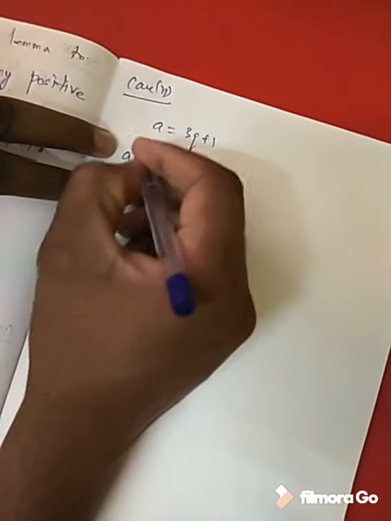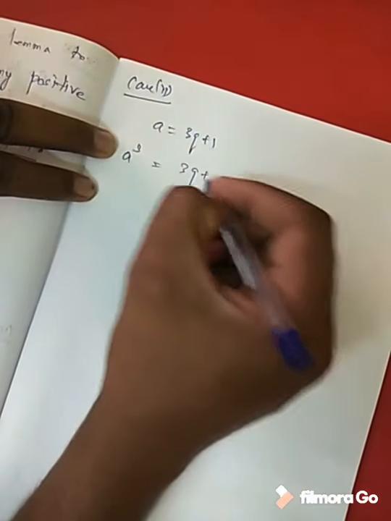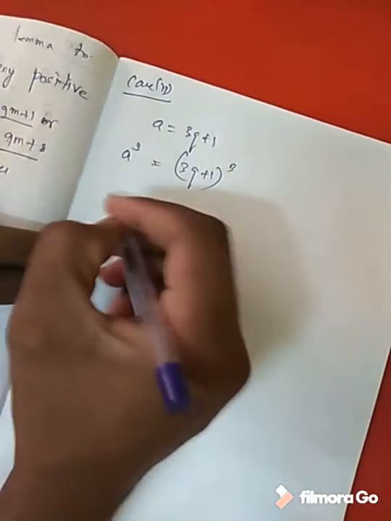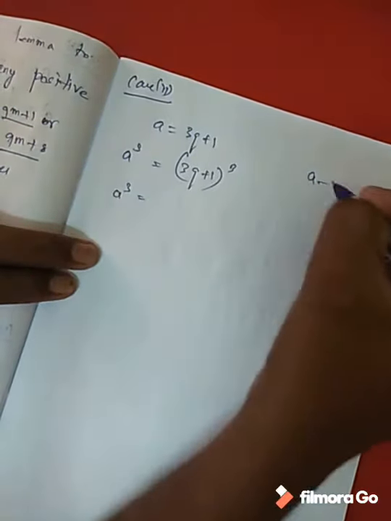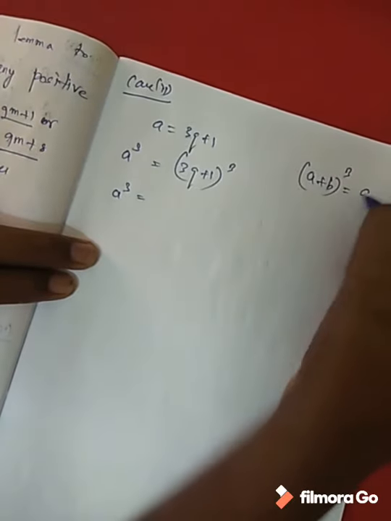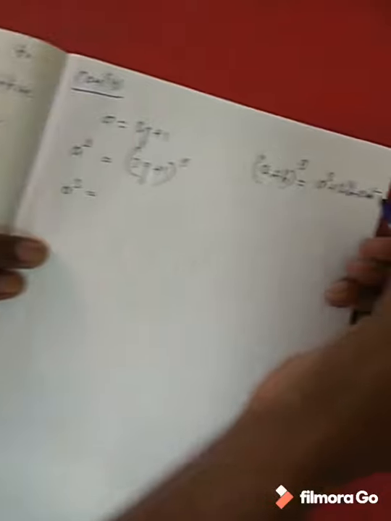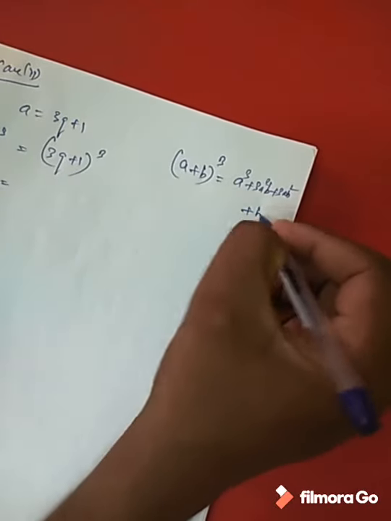Case 2: it is given a is equal to 3q plus 1. Again, applying cubing on both sides, so on both sides we are raising the exponent 3, right? So a cube is equal to, we know the formula, the identity for a plus b whole cube: a cube plus 3a square b plus 3ab square plus b cube.